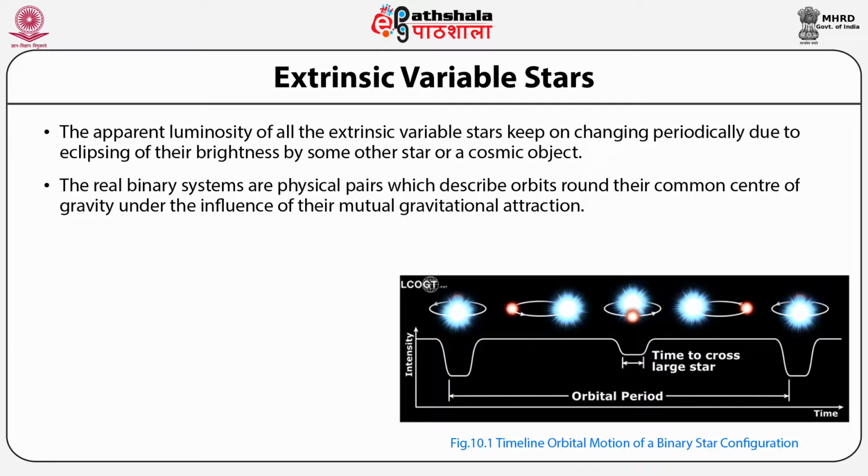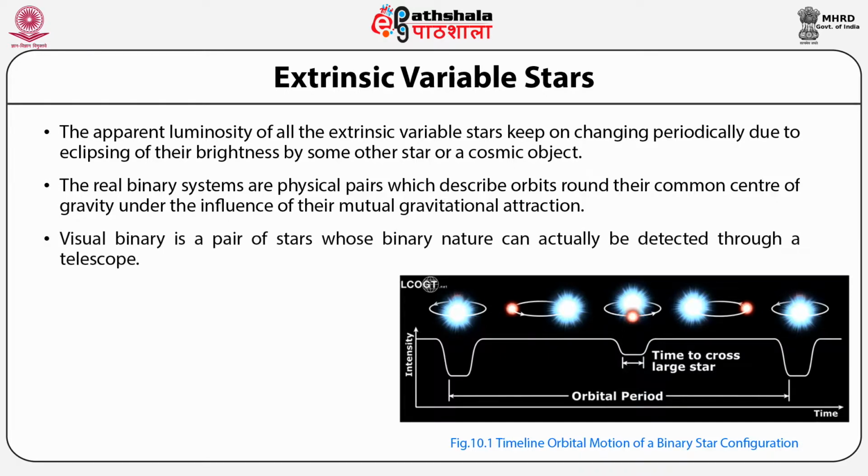namely the visual binaries, eclipsing binaries and the spectroscopic binaries. Visual binary is a pair of stars whose binary nature can actually be detected through a telescope. This is possible either when the distance of the pair from the Earth is not large or when their mutual separation is appreciably large.